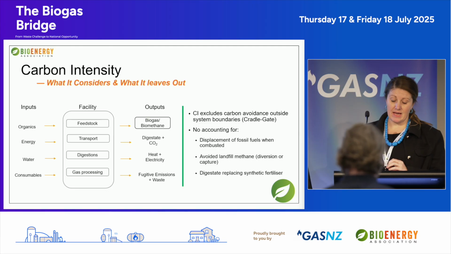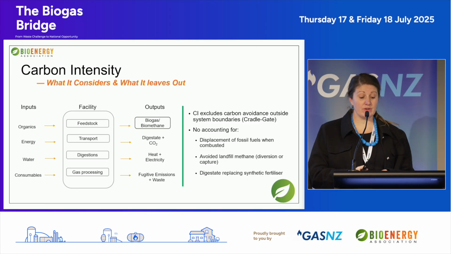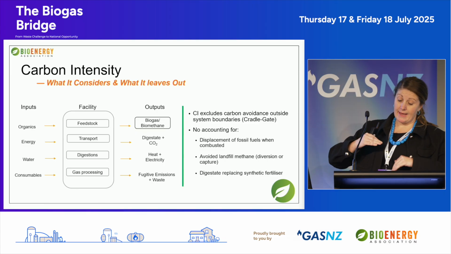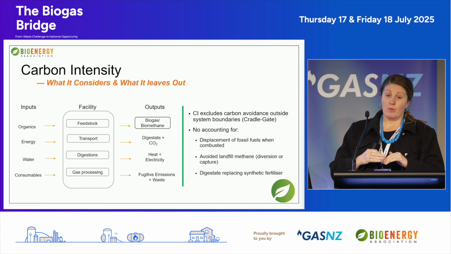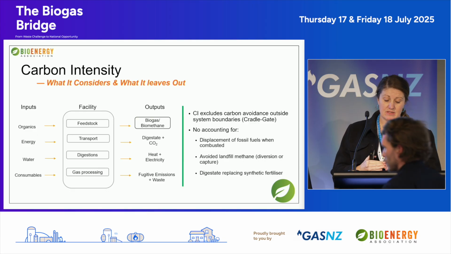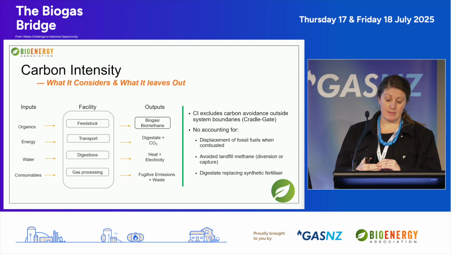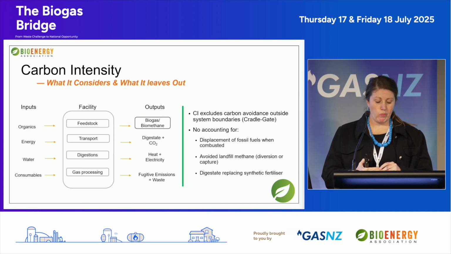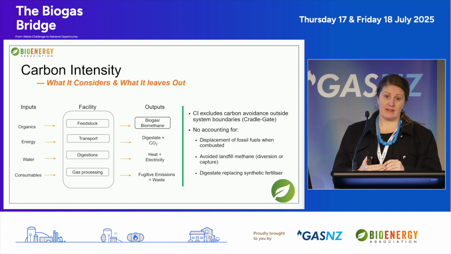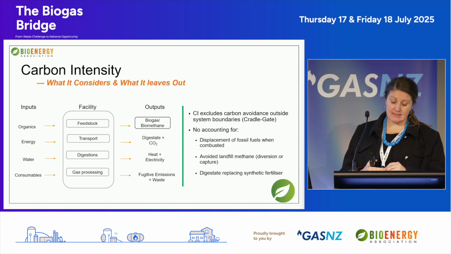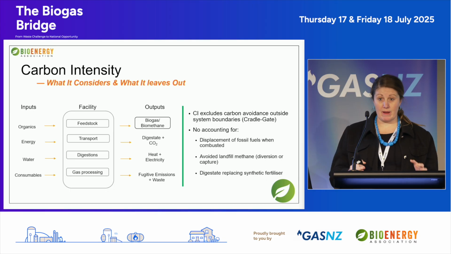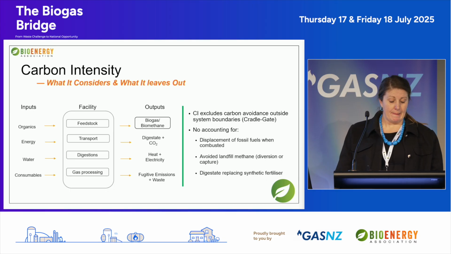So the LCA for the carbon intensity adheres to strict boundaries. Avoided emissions sit outside of these. We're avoiding double counting risk, so including avoided emissions in carbon intensity calculations could potentially include double counting of carbon, and regulatory clarity, so enabling trading schemes requires predictable and auditable metrics.